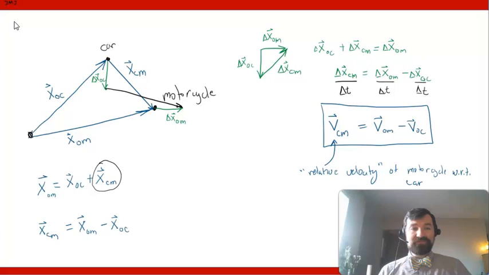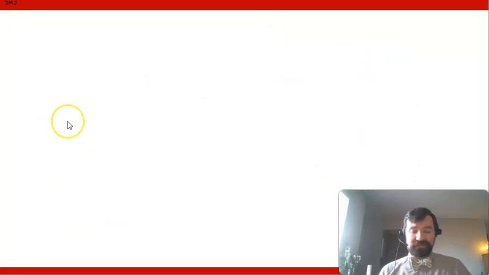Okay, that's relative velocity. Another common example is stuff like airplanes or hang gliders or what have you, and there's wind traveling some direction, or maybe a person rowing a boat in a river.